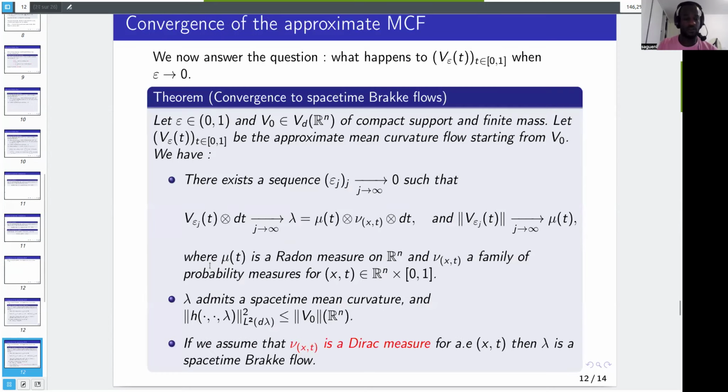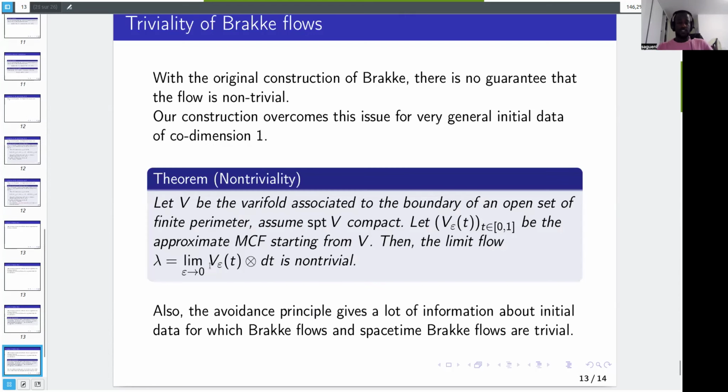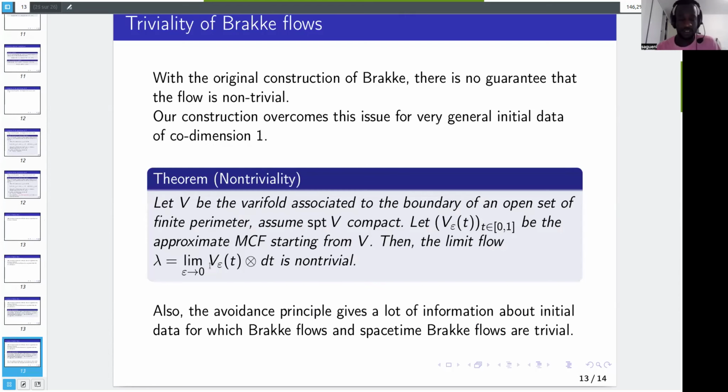What else did we prove? So there is a triviality issue. This is the last result. There is a triviality issue that Brakke encountered, that sometimes the flows of Brakke are trivial, and people later on proved that in some cases the Brakke flow is trivial, and in some other cases it is not trivial, and some people gave a characterization.